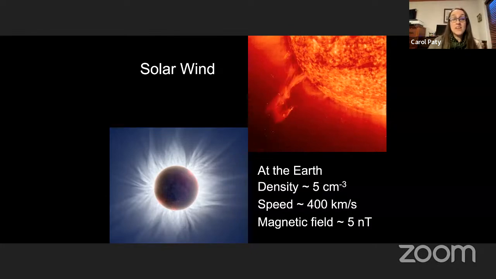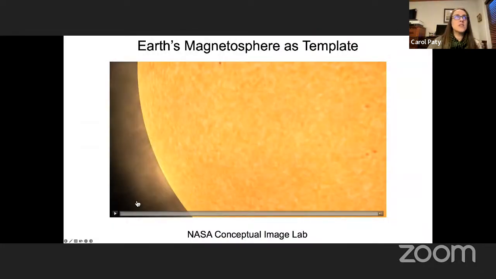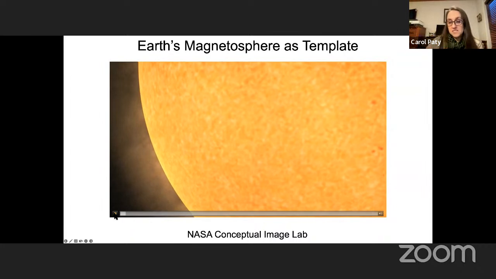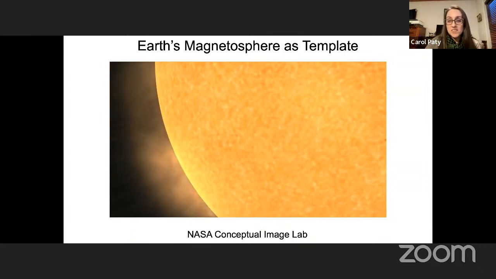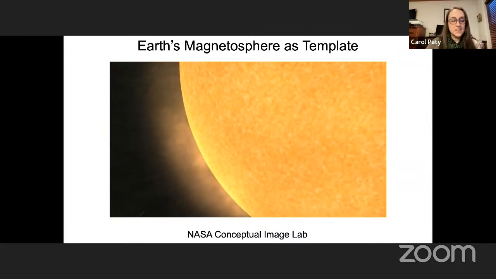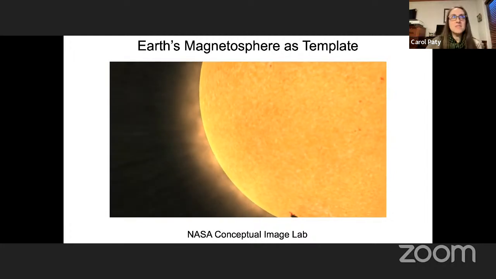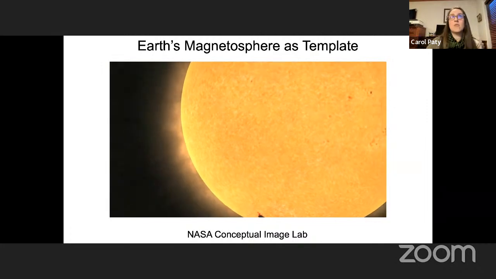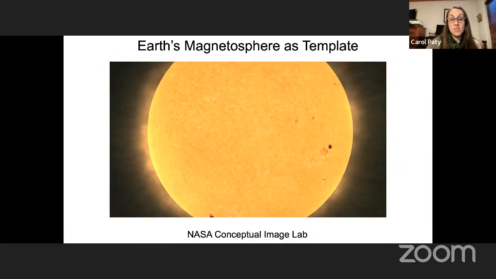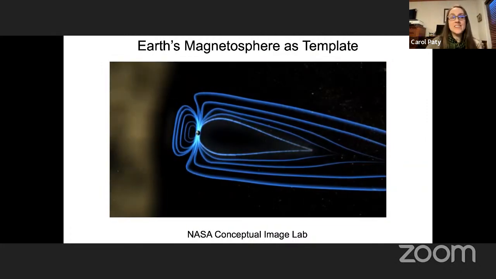So that's the solar wind, and it streams away from the sun. And what does it do when it gets to the Earth? It slams into an obstruction because it's moving faster than the speed of sound and faster than the speed magnetic waves can propagate through this magnetized plasma. And so it creates a shock wave upstream of the Earth because of feeling the Earth's magnetic field.